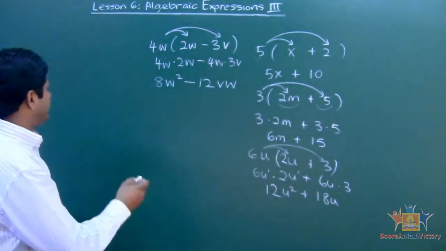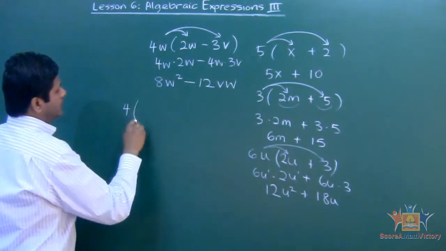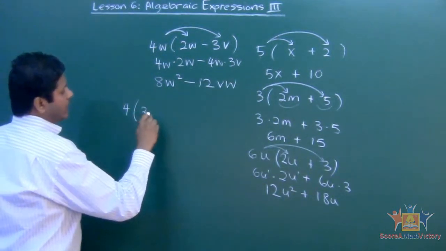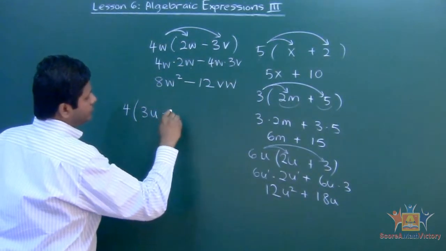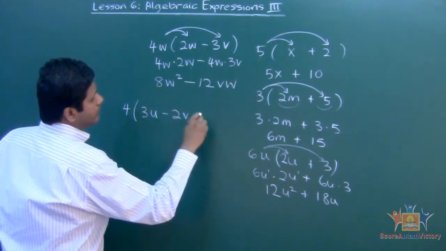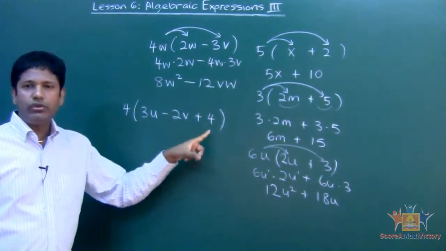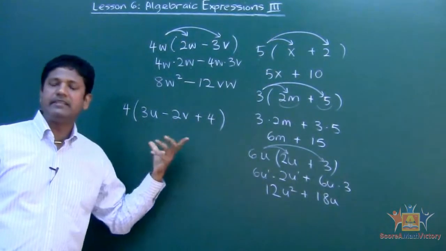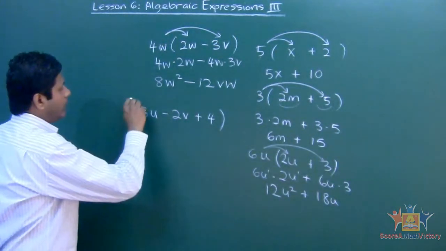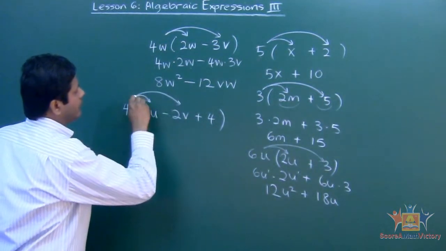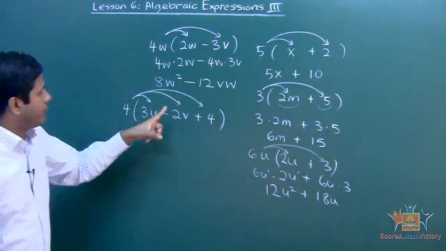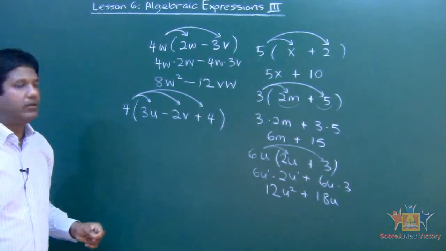Okay, so let's say for example, if I had 4, let's say 3u minus 2v plus 4. 1, 2, 3. There are 3 families inside the bracket, and each family gets the 4. So that means you're going to have a 3-star shooting star right there.